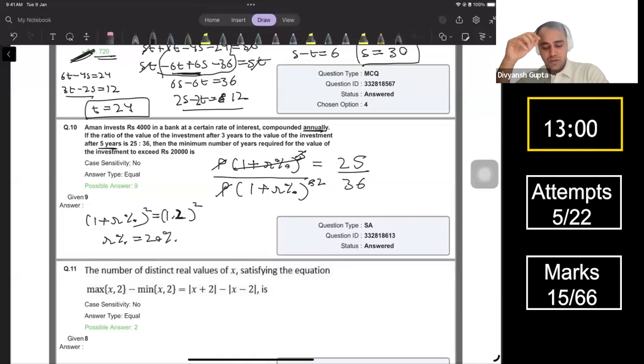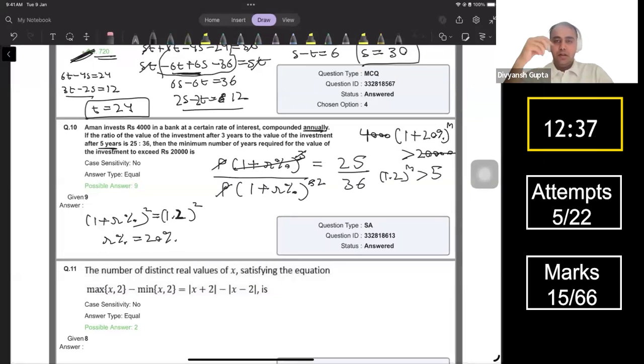Now I just need to see after how many years 4,000 into (1 + 20%) to the power n becomes greater than 20,000. If I divide, I'll get that 1.2 to the power n needs to be greater than 5.